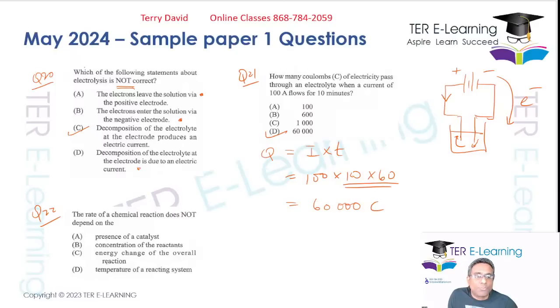What about 22? The rate of a chemical reaction does not depend on what?